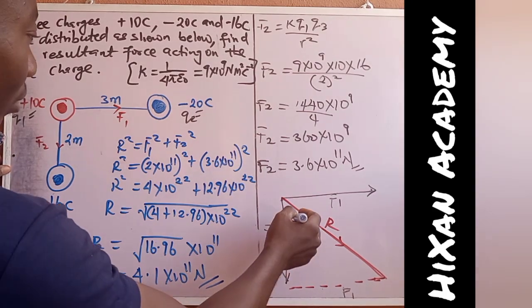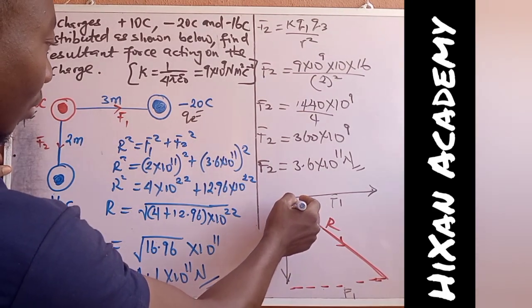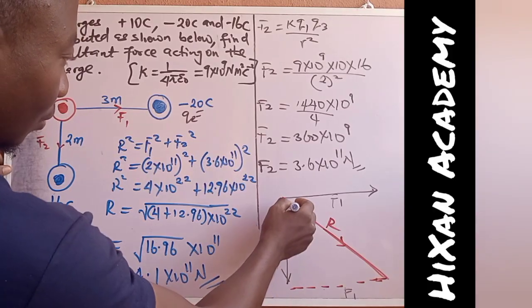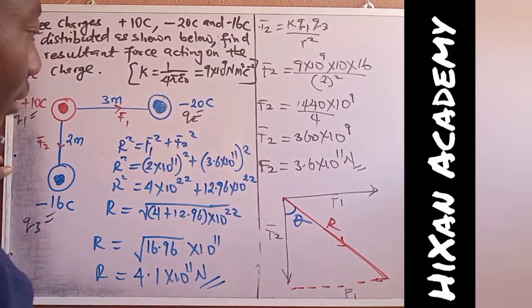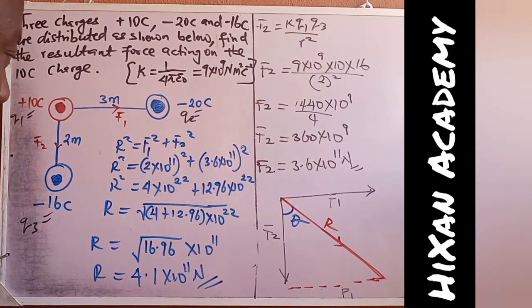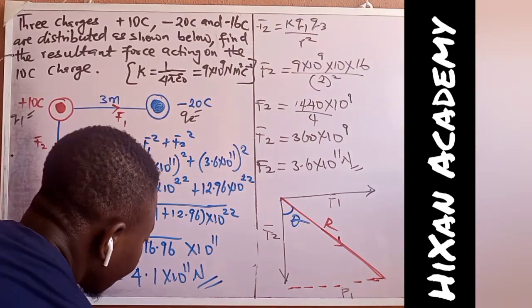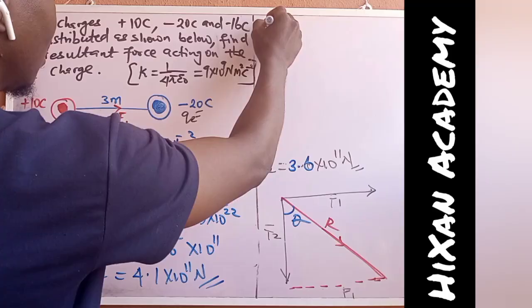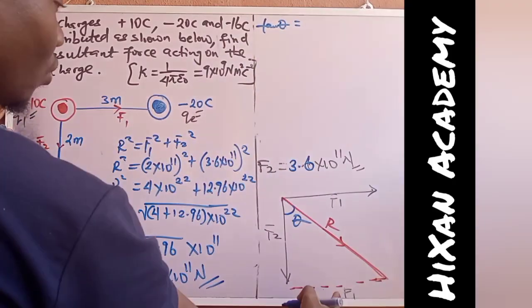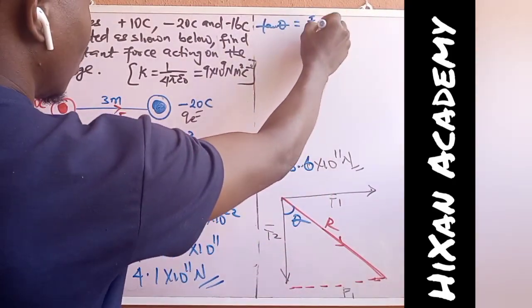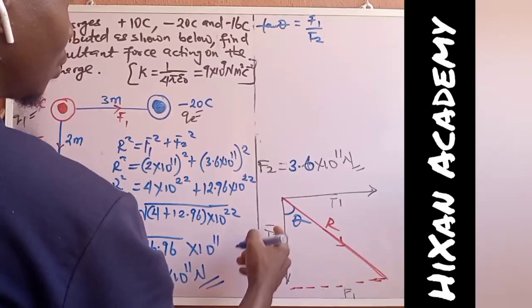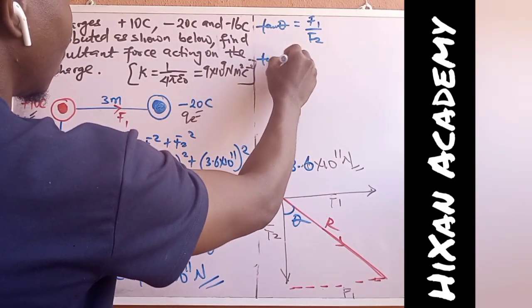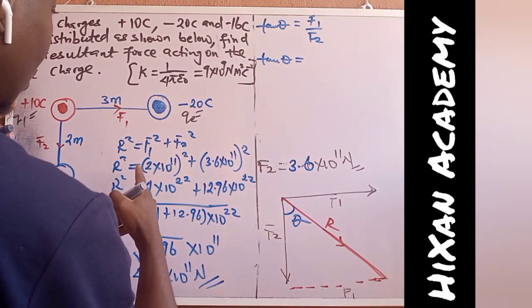Sorry, we can look for the direction. We can call here theta, and when we take the tan of theta, tan is opposite, which is F1 upon F2. So tan theta will be F1.